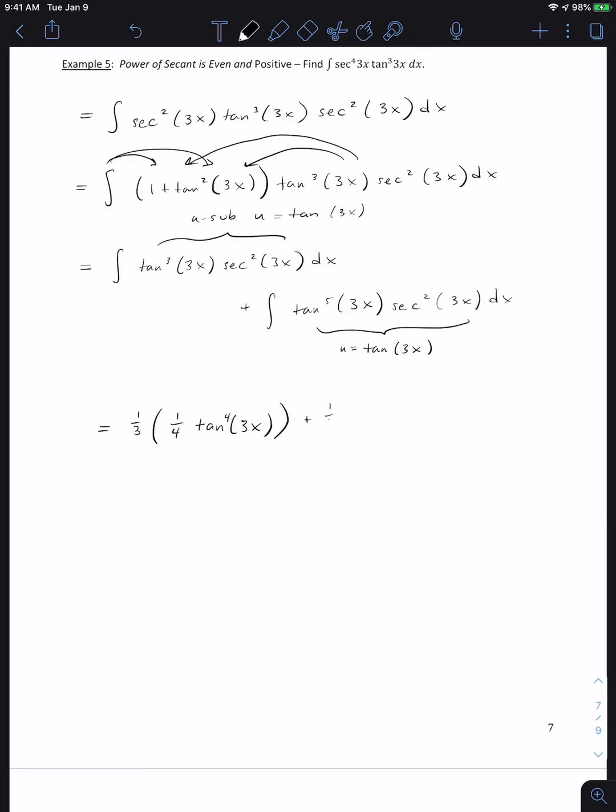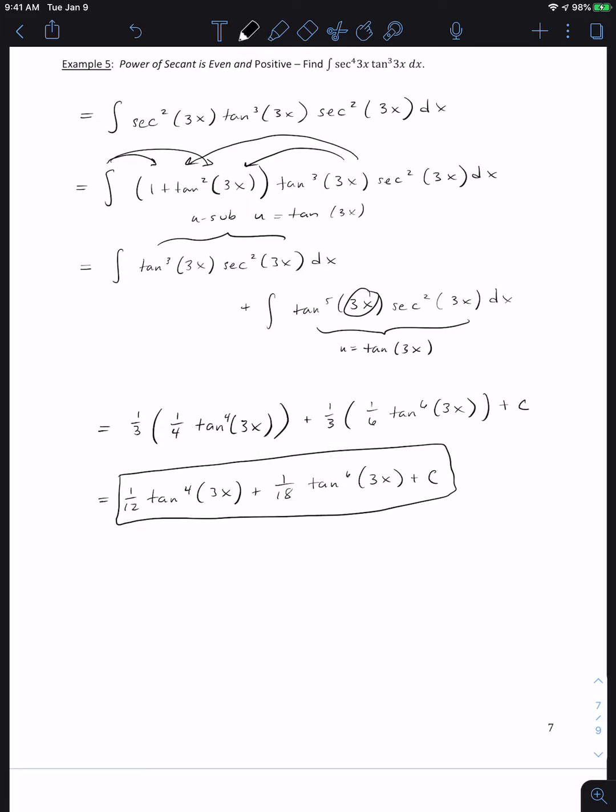Again, we need to have a 1/3 out front because of the 3x there. And then I need to pretend like it's u to the 5th. So this would be 1/6 u to the 6th, but u is tangent, so tangent to the 6th of 3x, plus c. So now I get 1/12 tangent to the 4th of 3x plus 1/18 tangent to the 6th of 3x plus c.